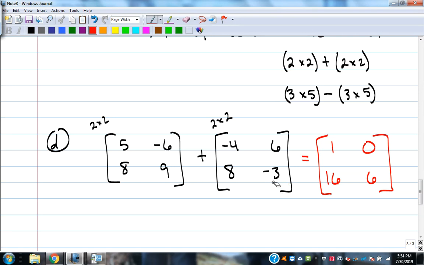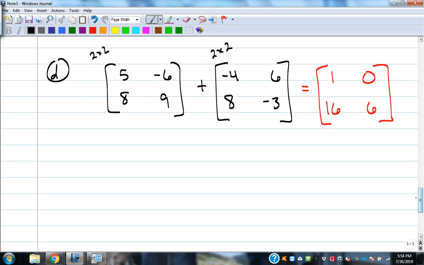Corresponding positions. They've got to be the same size so that you have matching spots to put together. If they're not the same size, you can't work any of it. It's got to be exactly the same size no matter what to add or subtract.